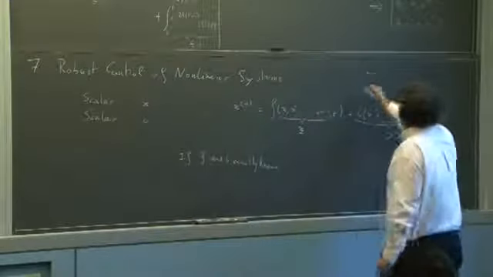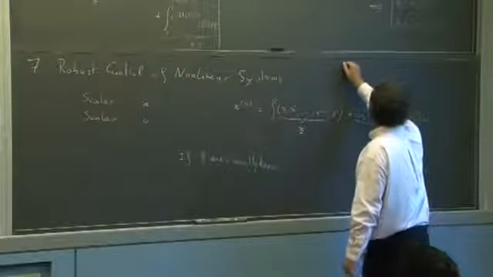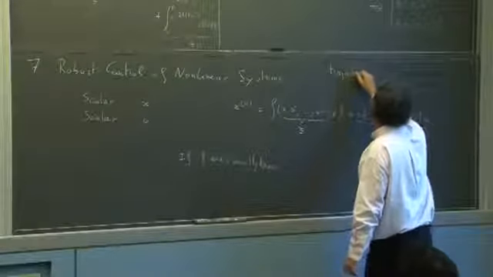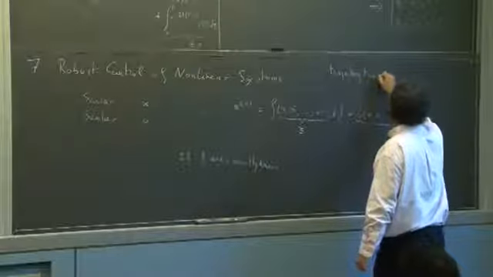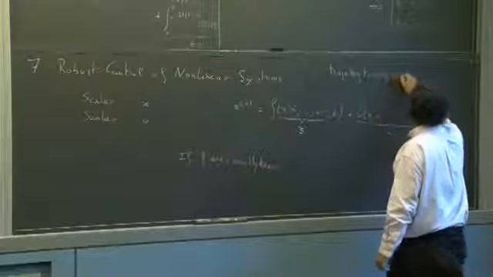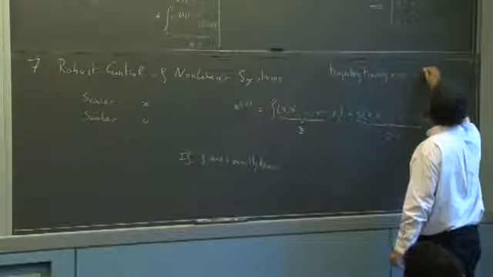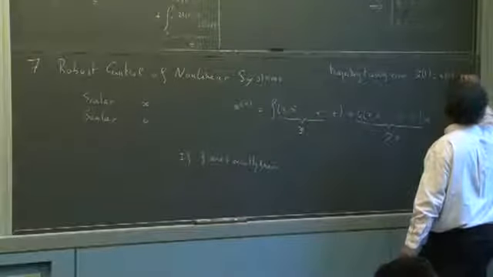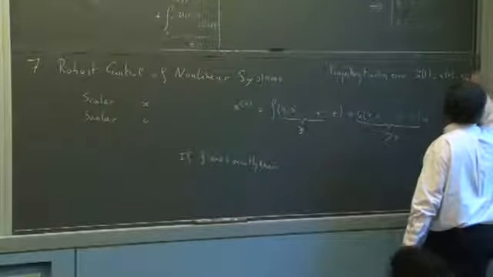And we had some questions. So, for instance, we had a trajectory tracking problem with some error, which we would call x tilde, which would be the difference between the actual and the desired.